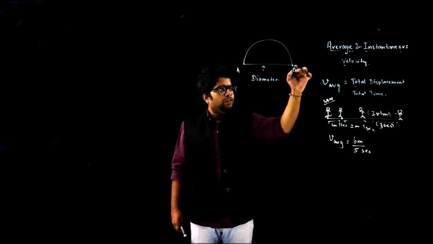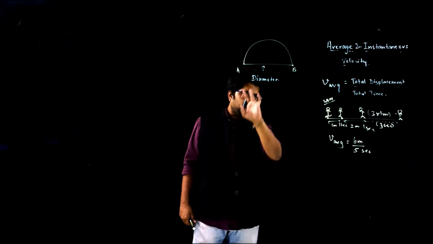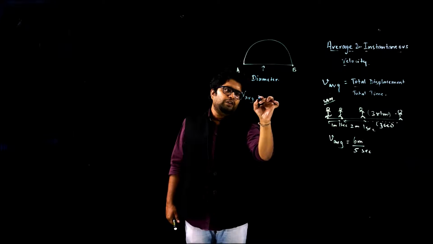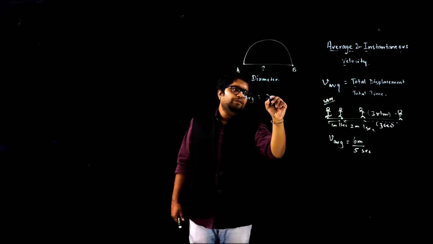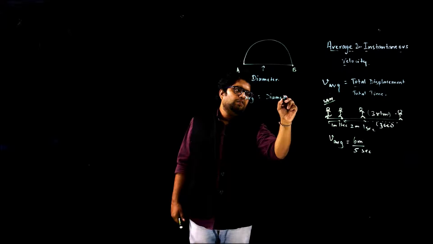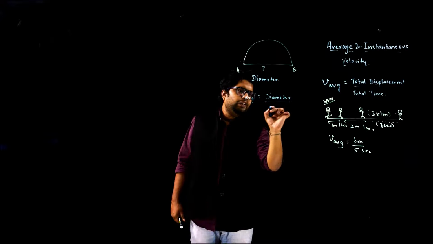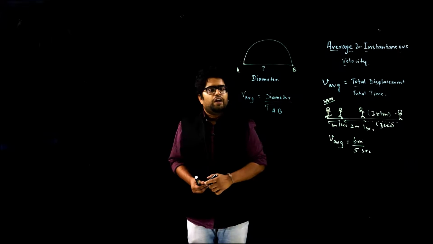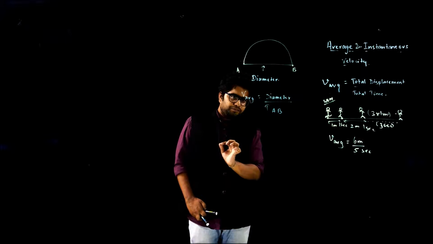So if I ask you what the average velocity was for this particle, you'll write down V with a subscript average, which denotes that we are talking about average velocity. Net displacement is equal to the diameter, which is the total displacement from A to B, divided by the time taken to go from A to B. So average velocity is net displacement by time taken.